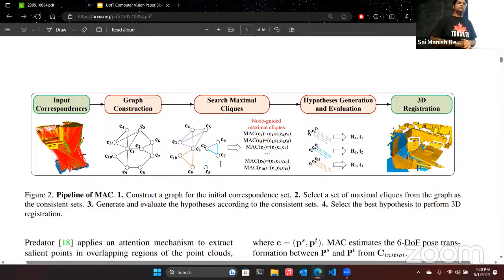Yeah, so the number 4 part reminds me of RANSAC from earlier, in the 2000s. What they did in RANSAC, I guess, the hypothesis generation and evaluation part, is pretty much the same as RANSAC. I might be wrong though.